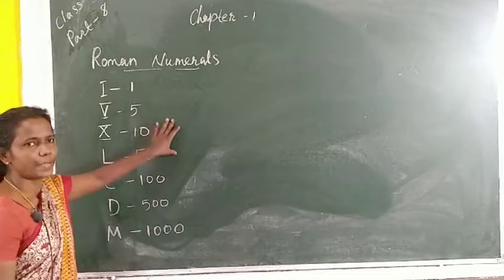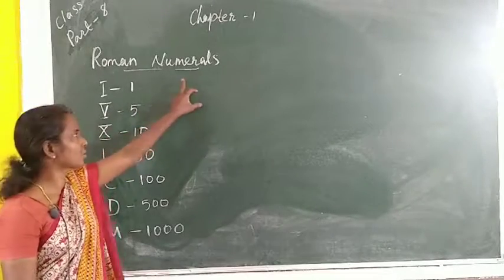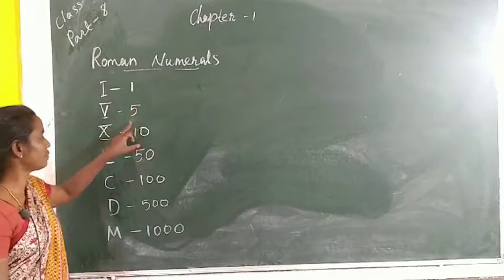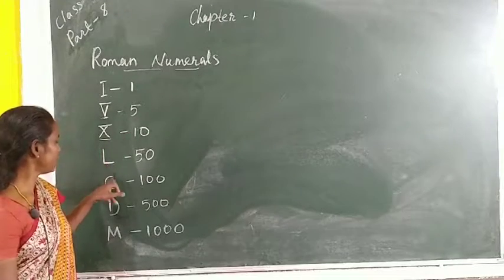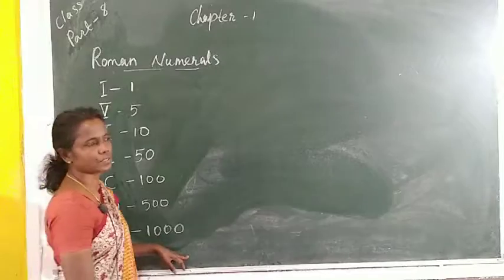These are the basic symbols in Roman numerals: 1, 5, 10, 50, 100, 500 and 1000.